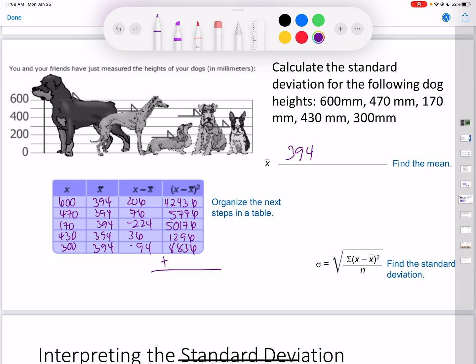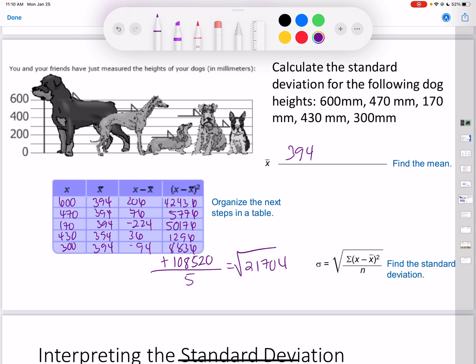That's going to give me 42436 plus 5776, 50176, 1296 plus 8836. That gives me 108,520. You're going to divide that by how many total there were. There is 5. So that is 21704.